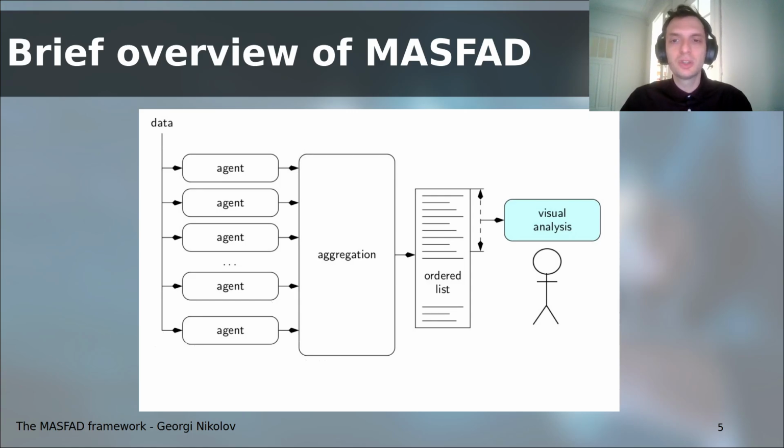All the suspiciousness scores are ordered in a list where the goal is that everything that is very suspicious or malicious, everything abnormal, is positioned high in the ordered list. That way it is more visible for the domain analyst.